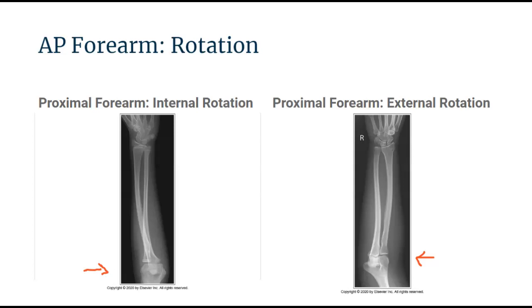One, because of the degree of overlap of the radius and ulna here. They should not be this superimposed, and also the condyles here are in a slight oblique projection as well.